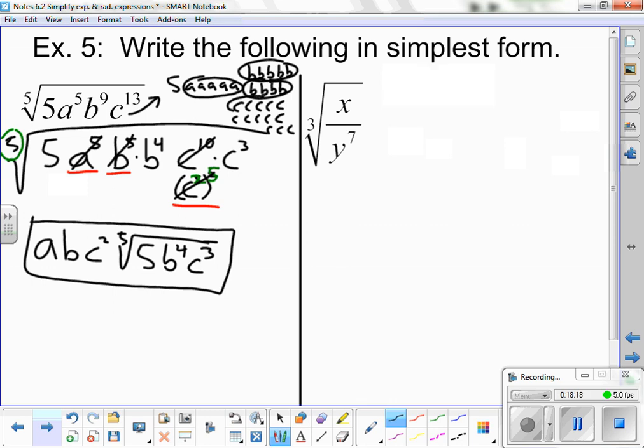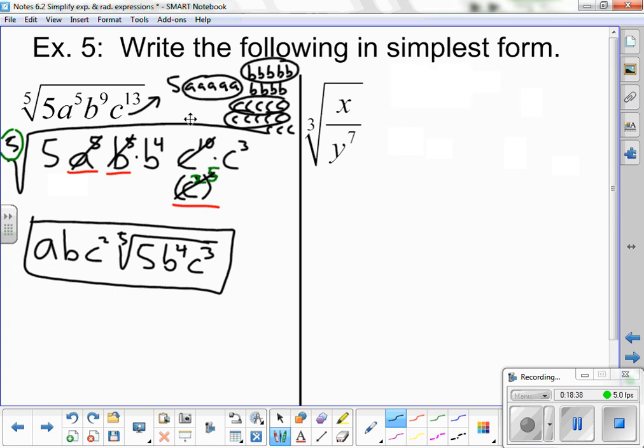Oh wait, that wasn't 5. Sorry. 5 of these, 5 of these, there's 4 b's, and then 2 pairs of 5s of c's. So you can bring out an a, a b, and then a c squared. What goes back into the 5 is b to the 4th and c cubed.